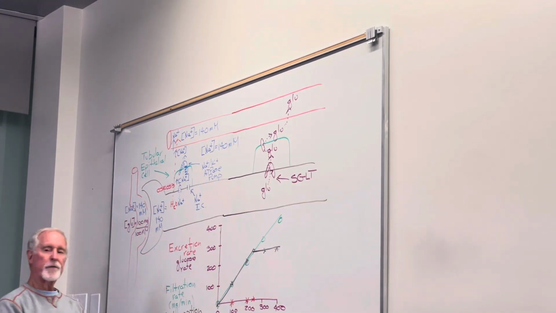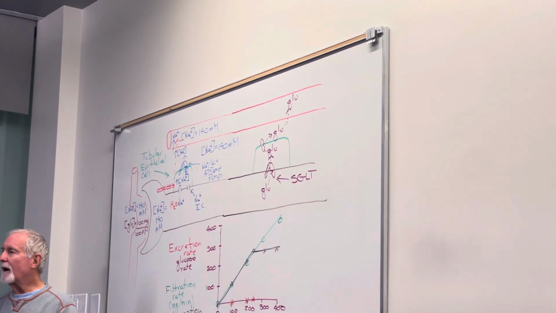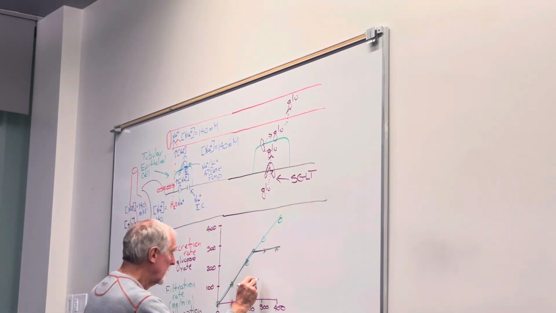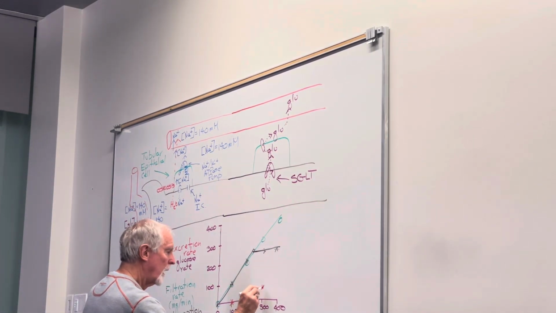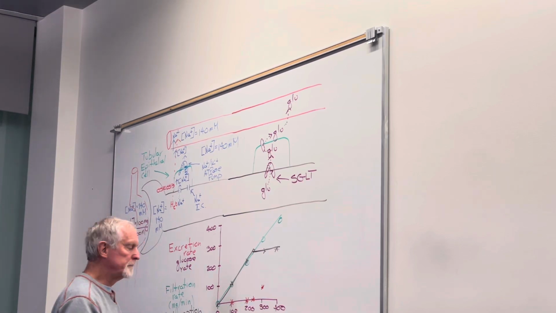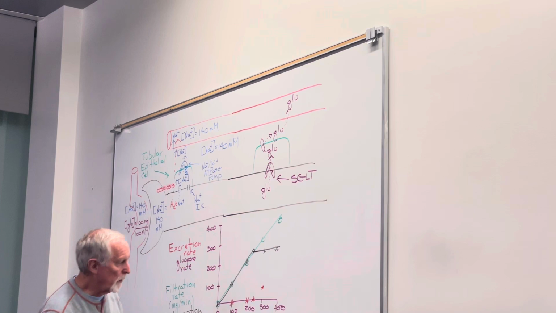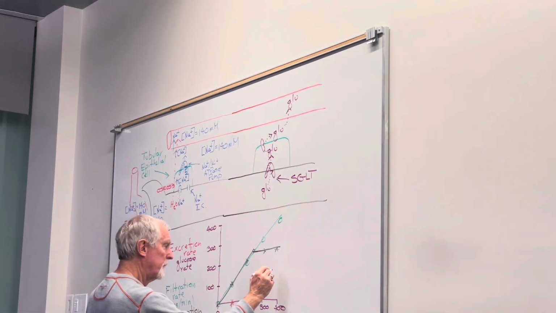If the concentration is 300 milligrams per 100 mLs, the excretion rate is going to be 0. And if it's 400 milligrams per 100 mLs, you would say that it's going to be 100.